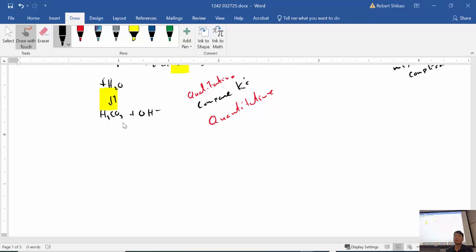We have to solve Ka and Kb simultaneously. Not only Ka and Kb, but what ties hydroxide and hydronium? Kw. So we need to do Ka for bicarbonate and Kb for bicarbonate and Kw simultaneously.